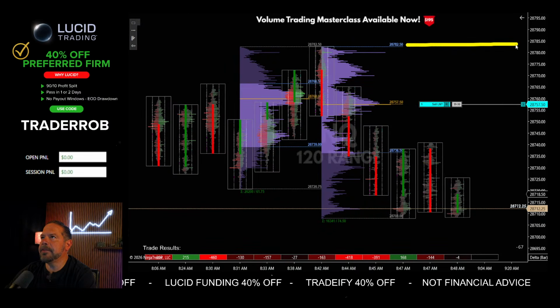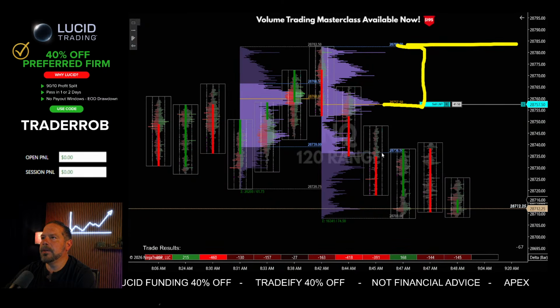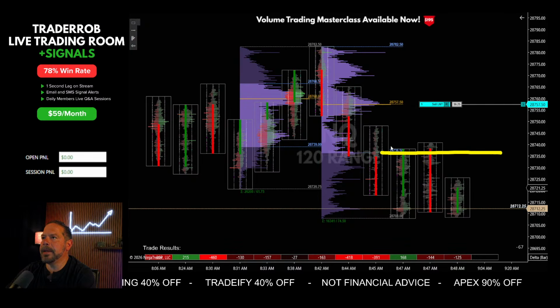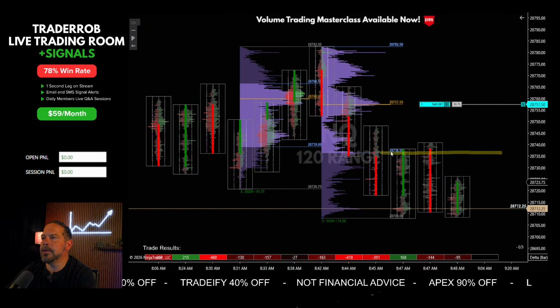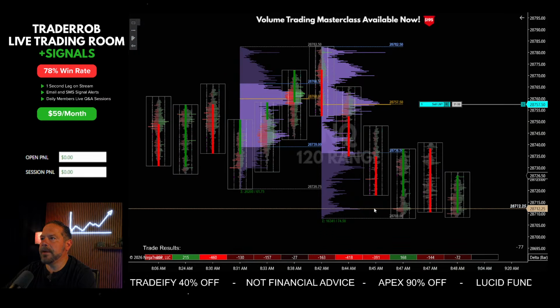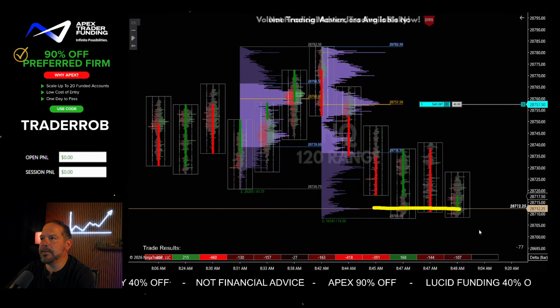Obviously, this is going to be your stop loss. So this is our risk on this trade. You have a conservative target, which is a less than 1-to-1 risk to reward back to the value area low. What I've done is I have placed my order right at the key level that we've got sitting here at the 28,712.